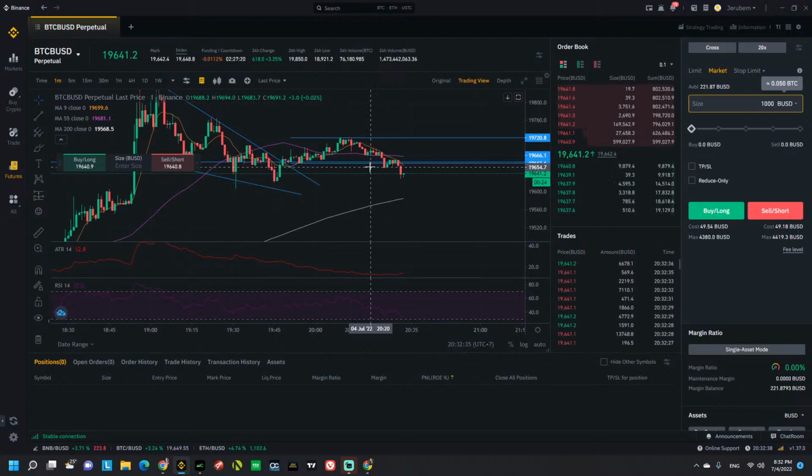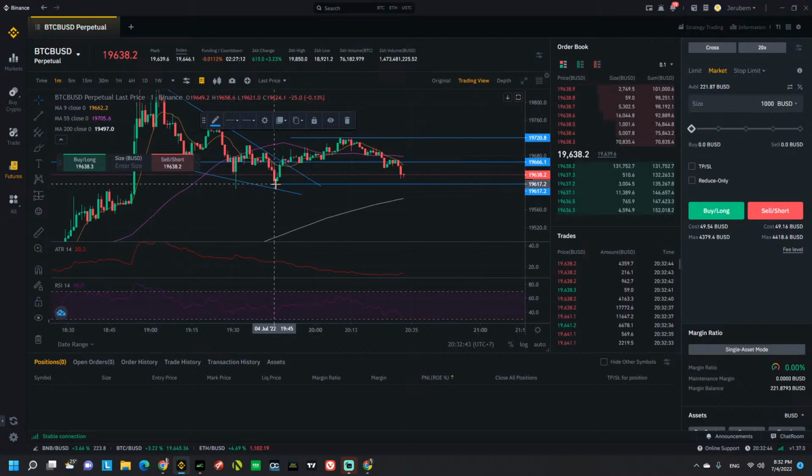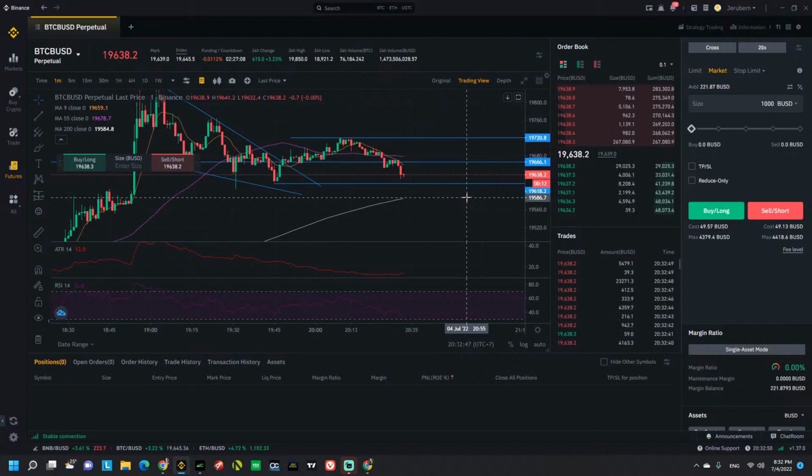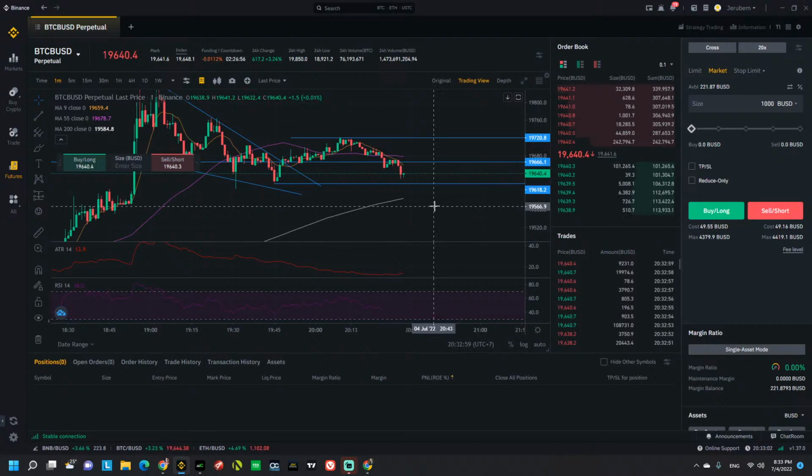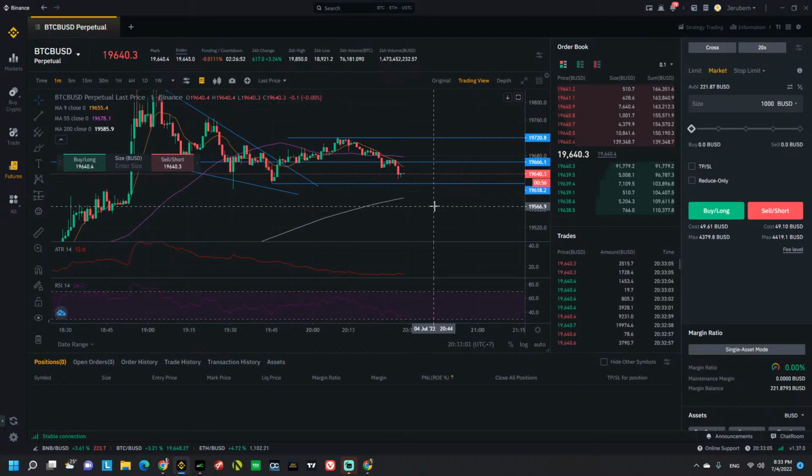So it broke this area, but there's a small support here. And it's also moving to the 200 moving average. Yeah, it's not very clean. There's also a lot of messy areas here.